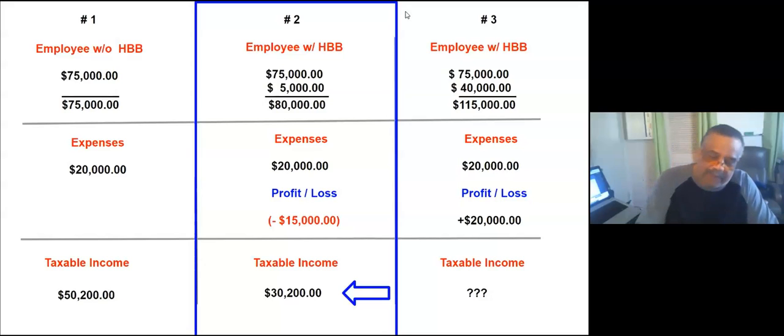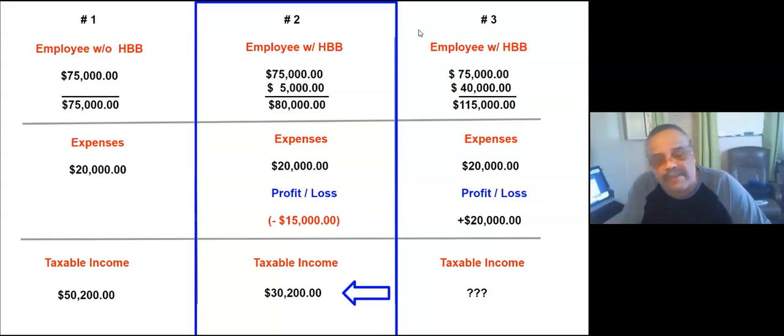You went from having a $50,200 taxable income to $30,200. You've reduced your taxable income by $20,000. Would you rather pay taxes on $50,000 or would you rather pay taxes on $30,000? You know, that's just a real simple question to ask yourself.